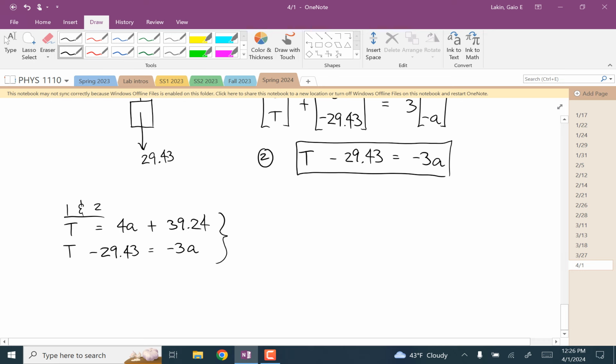I'll substitute the first one into the second one, so we get 4A plus 39.24 minus 29.43 is equal to negative 3A.